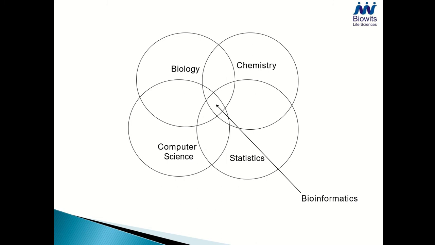So in bioinformatics, we are marrying biology and chemistry, and these two branches of science are being married to computer science and statistics. You use statistics in order to understand the biological data and the chemical data, which you will be able to understand clearly by applying computer science.